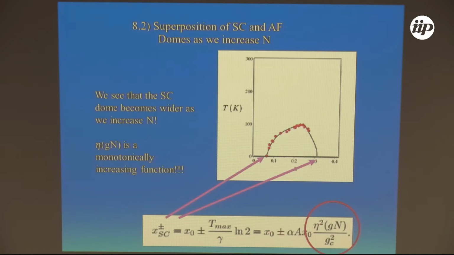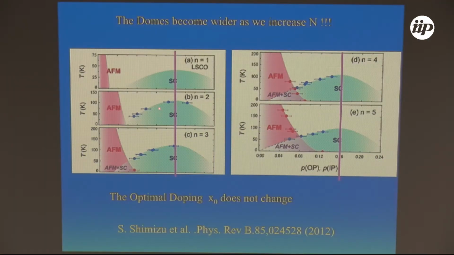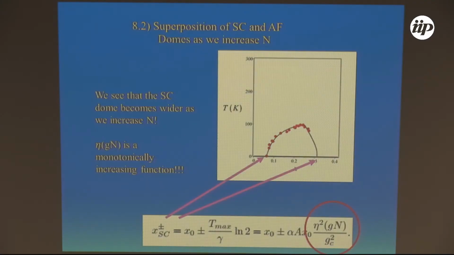And this eta of g, Gn, is a monotonically increasing function of n. So it's easy to understand from here why we observe that the center remains, but the dome becomes wider. So this can be easily explained by this equation.